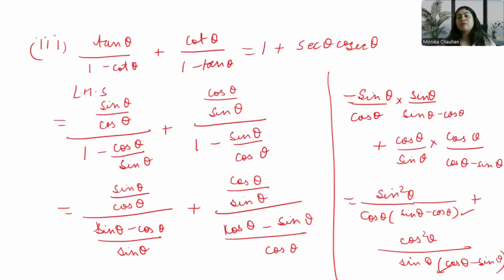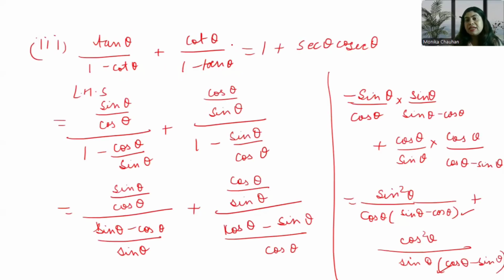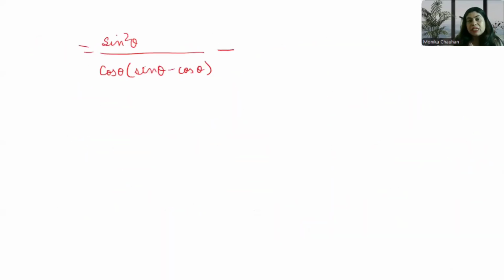Okay, so look here. What did I get? I'm writing here again. I got sin²θ upon cosθ(sinθ − cosθ). And I told you that I want this as one complete big term. So the plus sign I'm changing into minus, and this will make an impact.